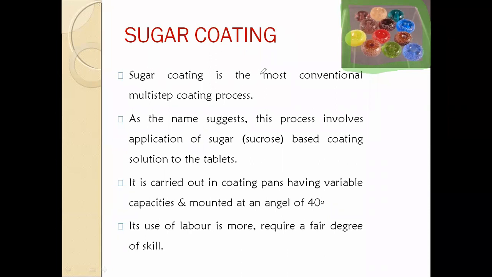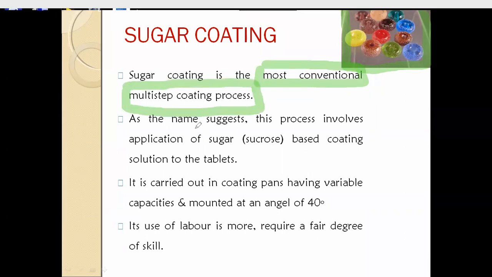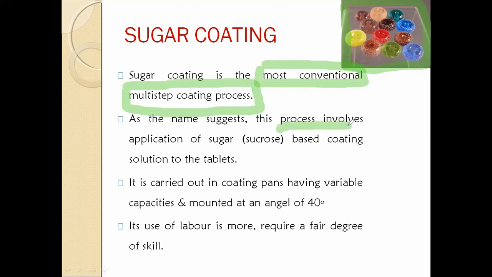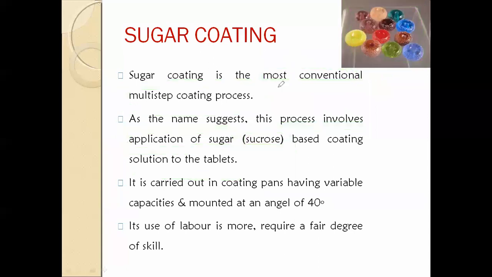Now, sugar coating is the most conventional multi-step coating process. As the name suggests, this process involves the application of sugar, that is sucrose based coating solutions, to the tablet. So from the name itself, you get an idea.